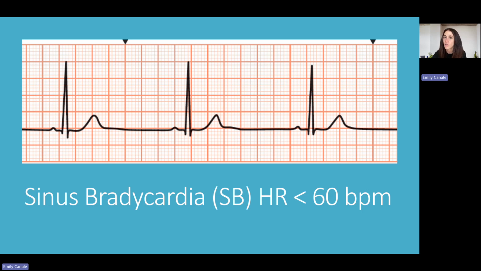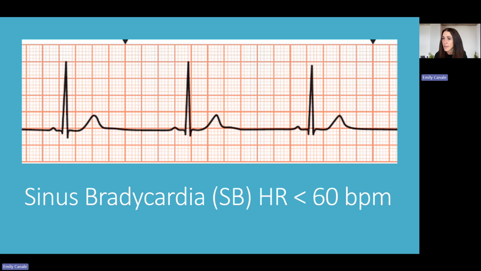So I do have this kind of magnified in the presentation, but if I was giving you a 6-second strip, you'd again have to calculate the heart rate. So 1, 2, 3. If this was a full 6-second strip, you would be multiplying that by 10. The heart rate could be 59.